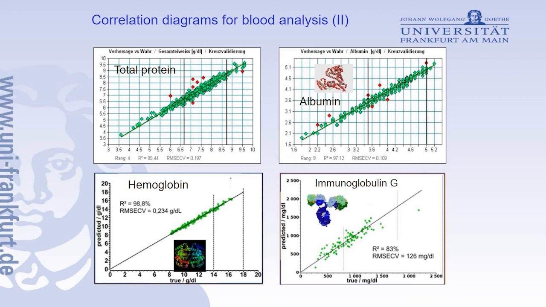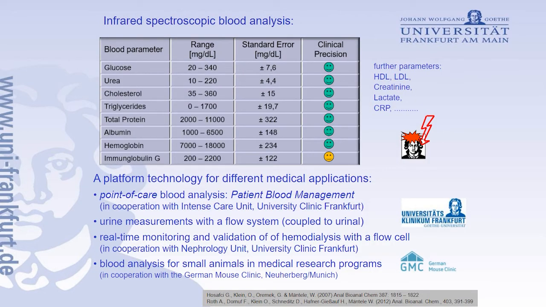This means that all these parameters are derived within less than a minute for taking the spectrum and about 20 seconds calculation time from a single drop of blood, and they are all at clinical precision. I give you a short list of that in the next picture. Those blood parameters have been investigated in a range that is covering the full clinical need, and the error is within the limits of what is expected for laboratory chemistry, except in the case of immunoglobulin.